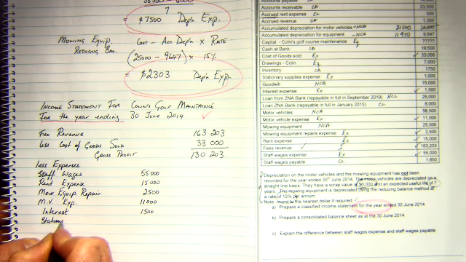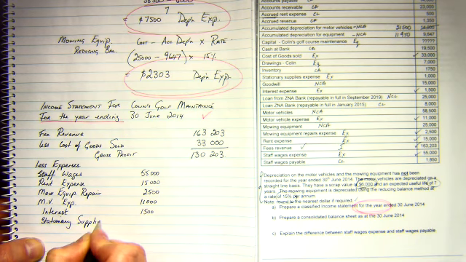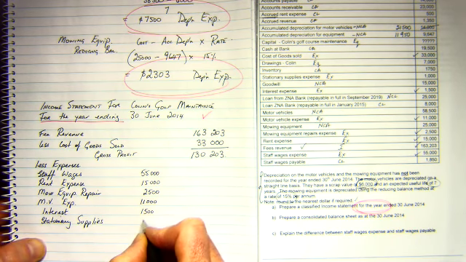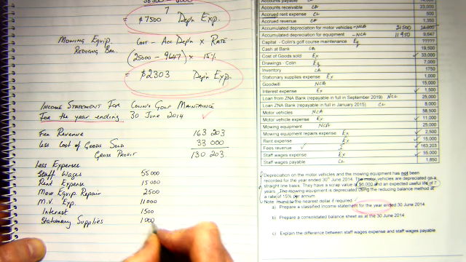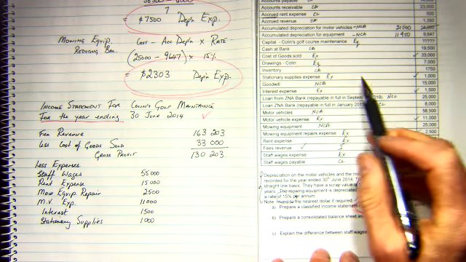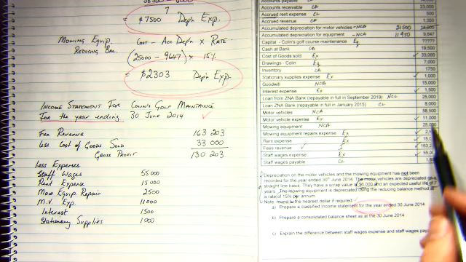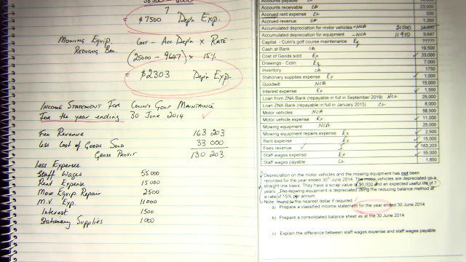Stationery supplies, $1,000. Cost of goods sold we've already included.